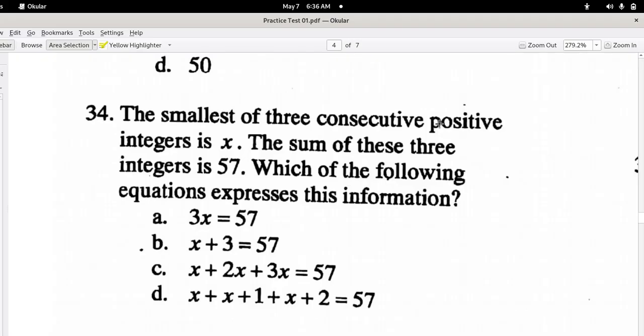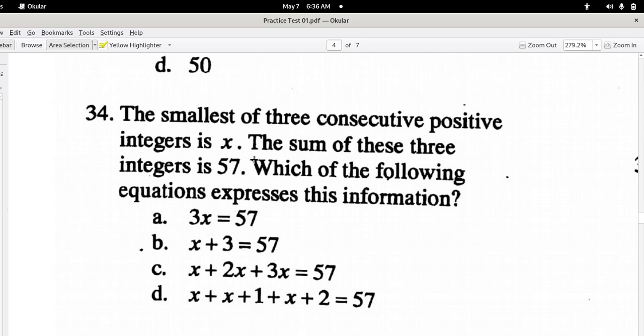Now, the smallest of 3 consecutive positive integers is x. The sum of these 3 integers is 57. Which one of the following information is true? In this case, if you have 3 integers, the smallest one is x. What is the one after x?